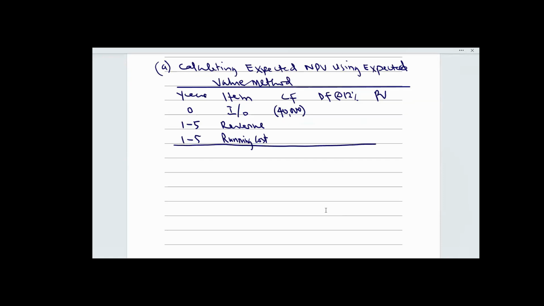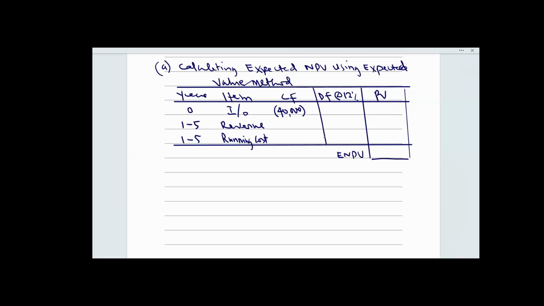So we need to determine our expected value, because in the question, you are given probability and cash flow together. It means that we need to calculate expected value. We then use the expected value computed to calculate our NPV. So that will give us expected NPV using expected value method.